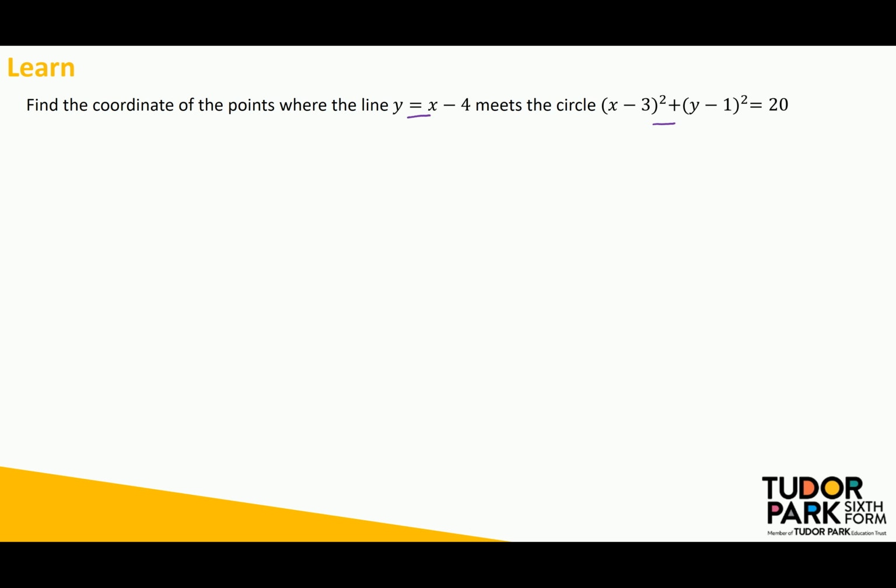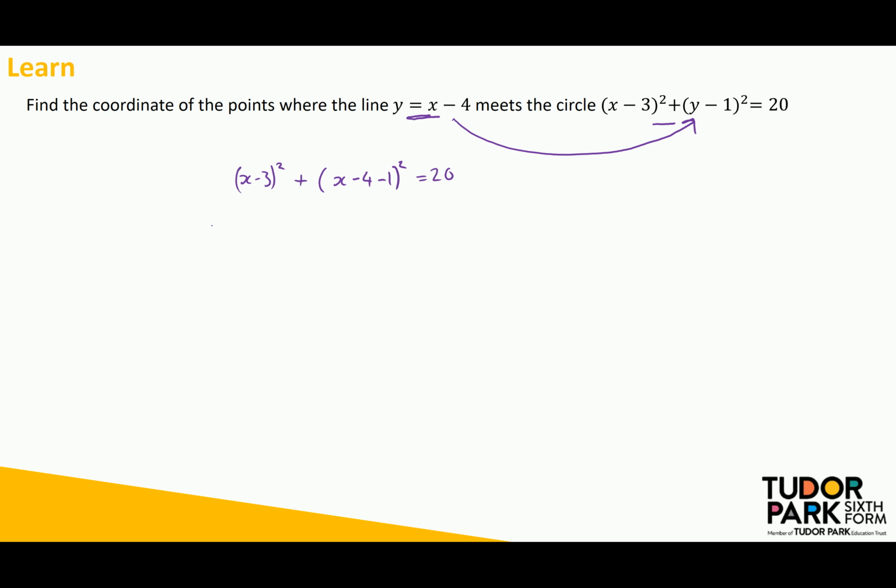Now I can see the easiest way for me to do that is going to be to make the substitution, so to take the y value being x minus 4 and to substitute that into the second equation. That would make the second equation (x minus 3) all squared plus, here's my substitution, (x minus 4 minus 1) squared is equal to 20.